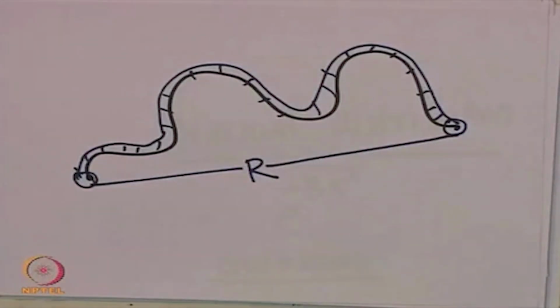Now let us say that you have, in a petri dish, a million DNA or Avogadro number of DNA or a large amount of DNA.